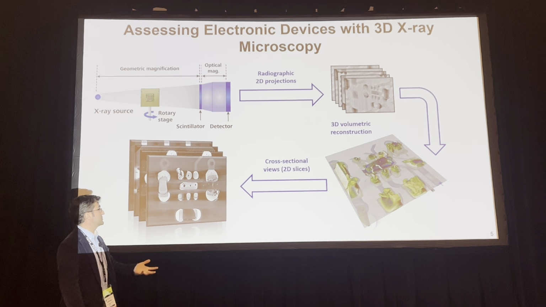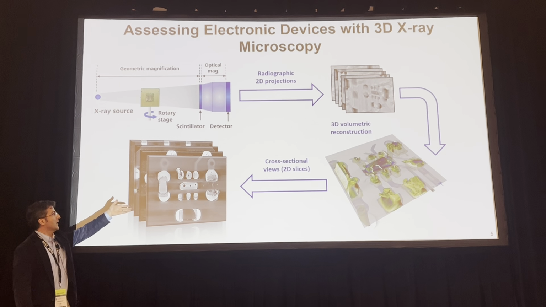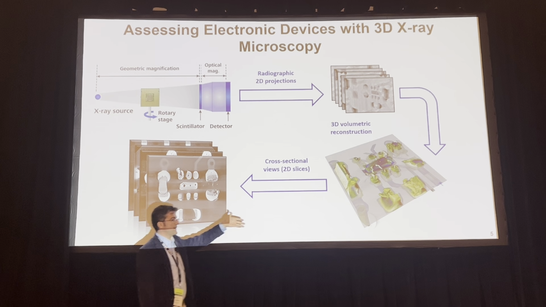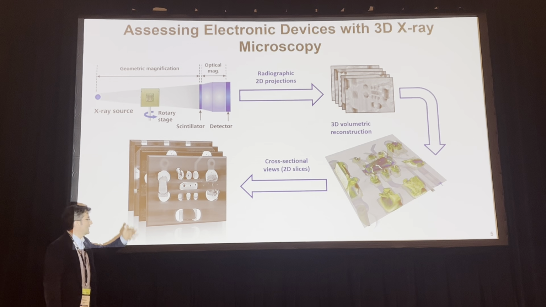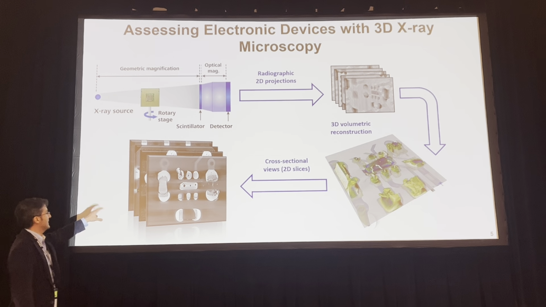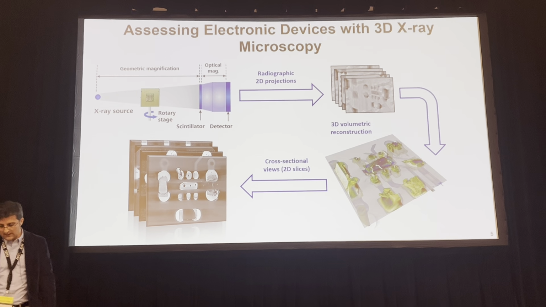Once you have the 3D reconstruction, you can do virtual slicing, so you don't have to do the physical slicing with a knife that you would normally have to do to see what is inside. You basically use 3D software to do the slicing and see the high resolution internal details of this PCB or electronic device.